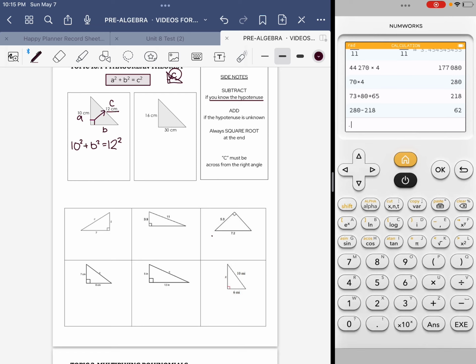Then to get B squared, the thing I'm looking for by itself, I need to get rid of 10 squared, and it's being added. So I need to subtract it to the other side. So this will always happen, again, if you already know the hypotenuse, okay? So then B squared equals 12 squared minus 10 squared.